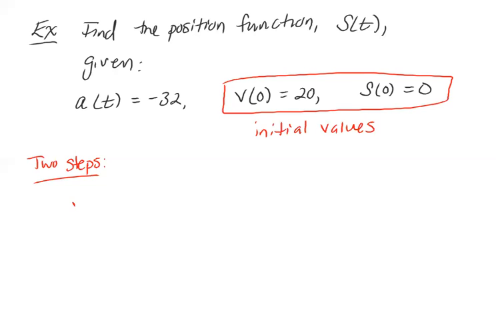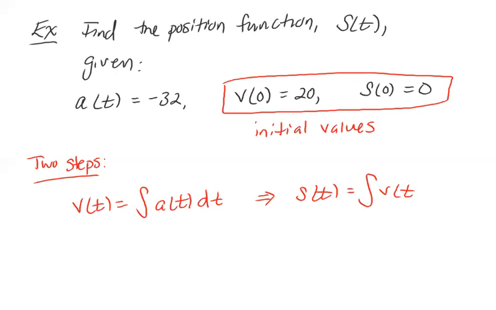So I know that velocity is equal to the integral of acceleration. Once I have velocity, I can use that to find the position function, which is the integral of the velocity function with respect to time. So that's my process. I'll call this step 1, call this step 2.